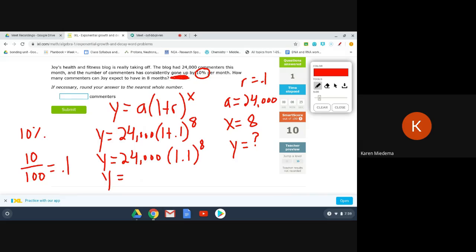Now it says if necessary, round your answer to the nearest whole number. I get 51,446.13144 is what my calculator tells me. To the nearest whole number, well, the 1 tells the 6 to stay the same. So my answer is 51,446.